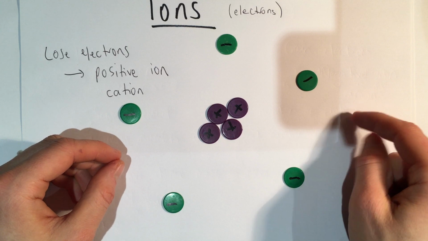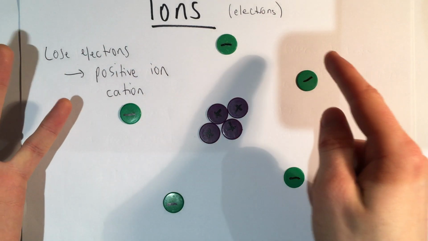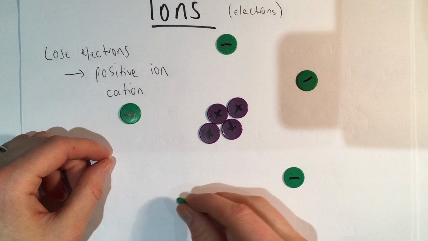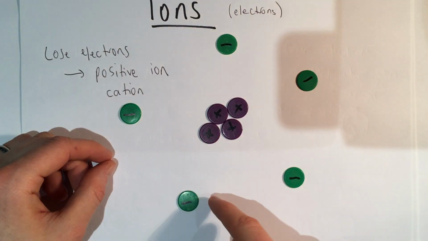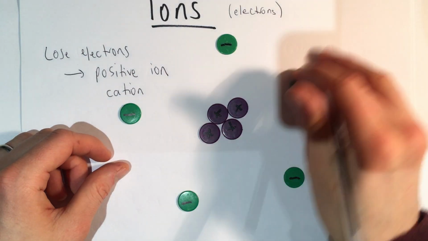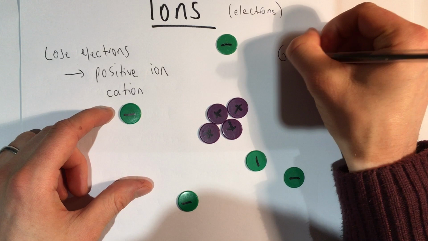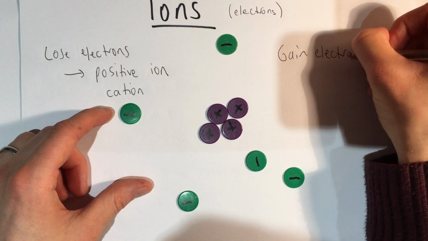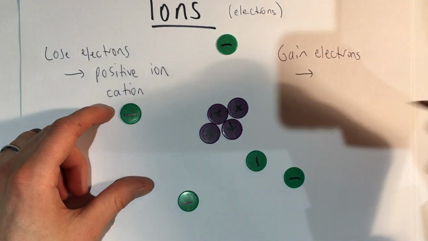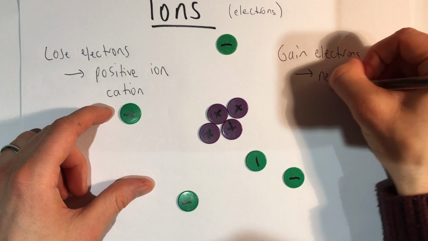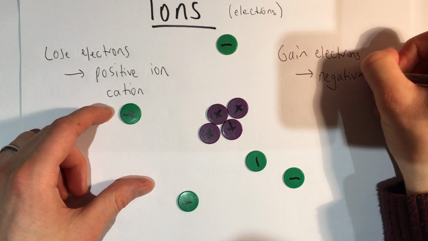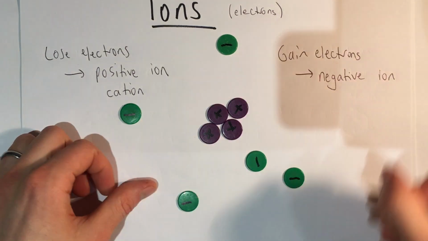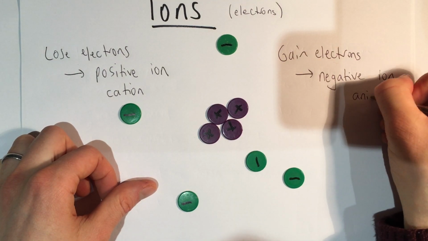So overall, our atom or our ion now is going to have a negative charge because there's more negative particles than positive particles. So what just happened here is we have gained electrons, and we've made a negative ion. The other name for this is an anion.